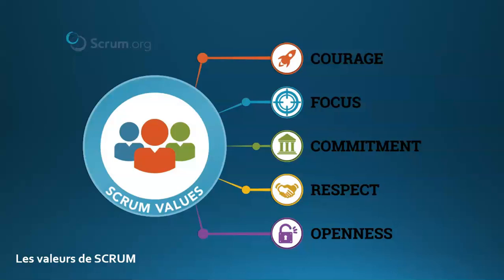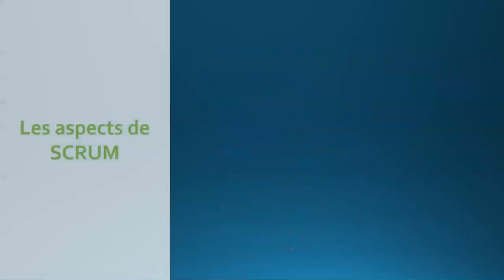Finally, the openness that recalls the pillar of transparency we saw earlier. It is exactly the same principle. That's it for the Scrum values. I hope that was clear enough.